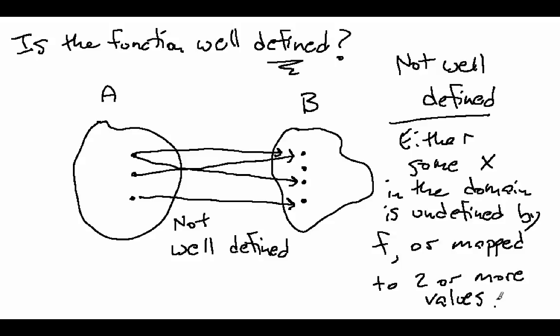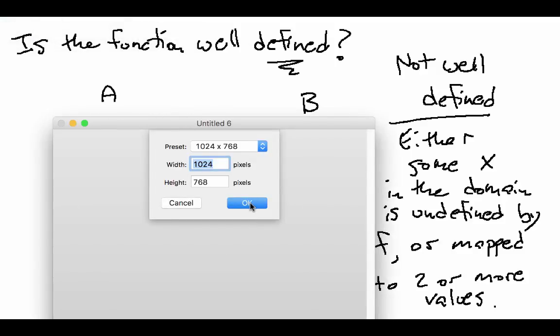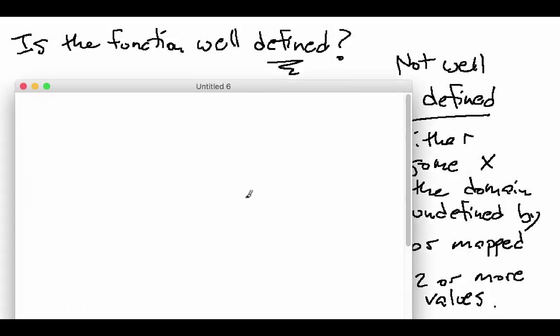Clear? Good. Let's consider just a couple more examples of functions. Here's a function f, and this is going to map the natural numbers to the rational numbers.